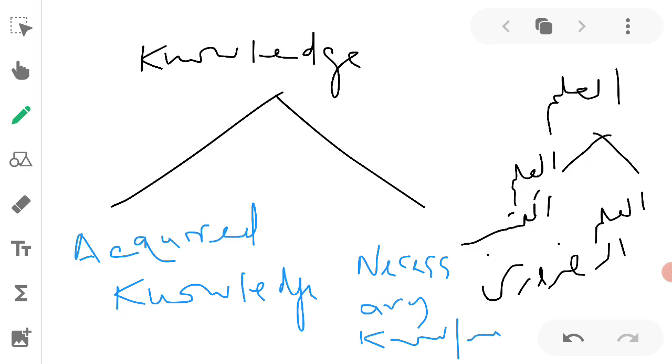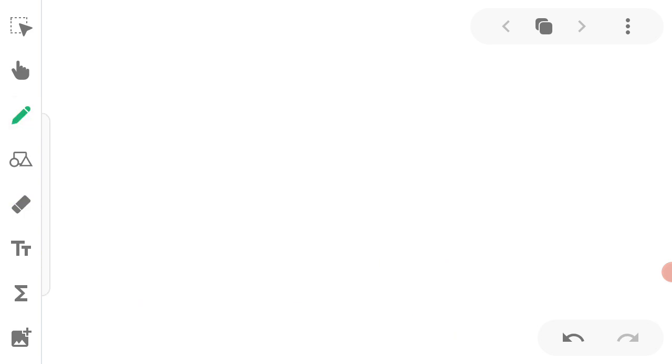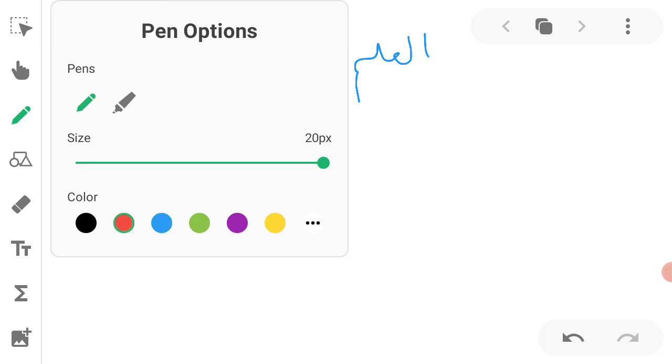So once we understand the first one, every sort of knowledge in this sense, and by knowledge here we mean contingent knowledge overall, like it's not the knowledge of God, for example. So what is al-ilm al-daruri? Necessary knowledge.